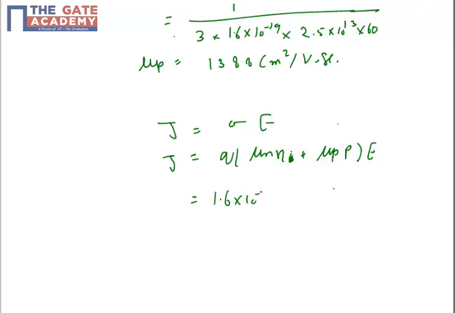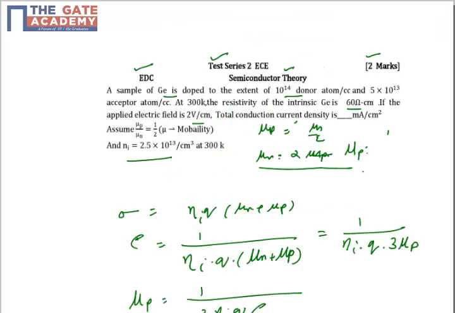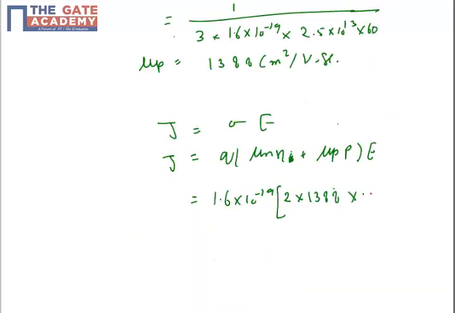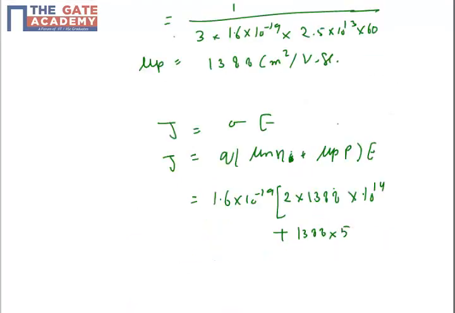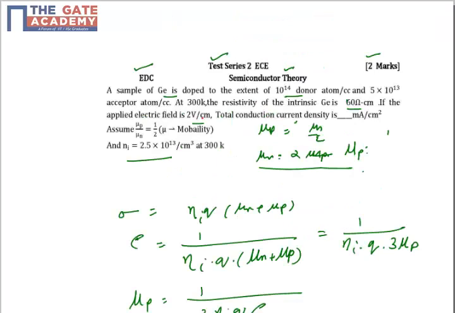1.6 into 10 to the power minus 19 is the charge. My electron term will be 2 into 1388 into the donor atom concentration, 10 to the power 14, plus mu p, 1388, into the acceptor atom concentration, 5 into 10 to the power 13, into the electric field E, which is 2 volt per centimeter.